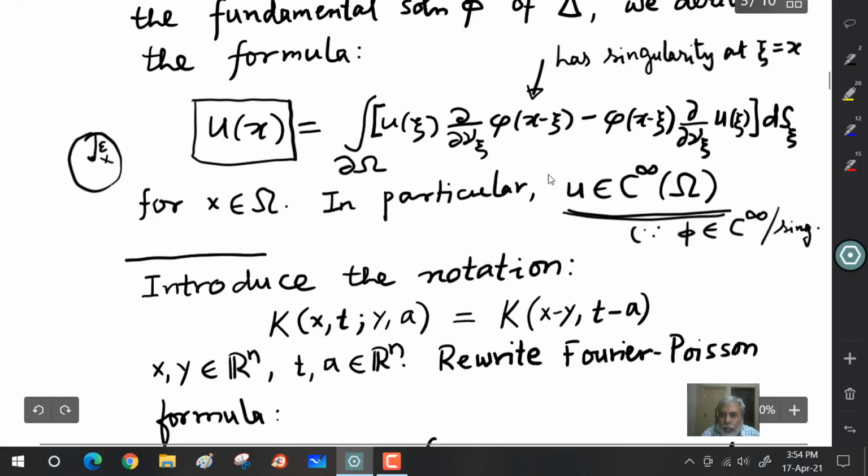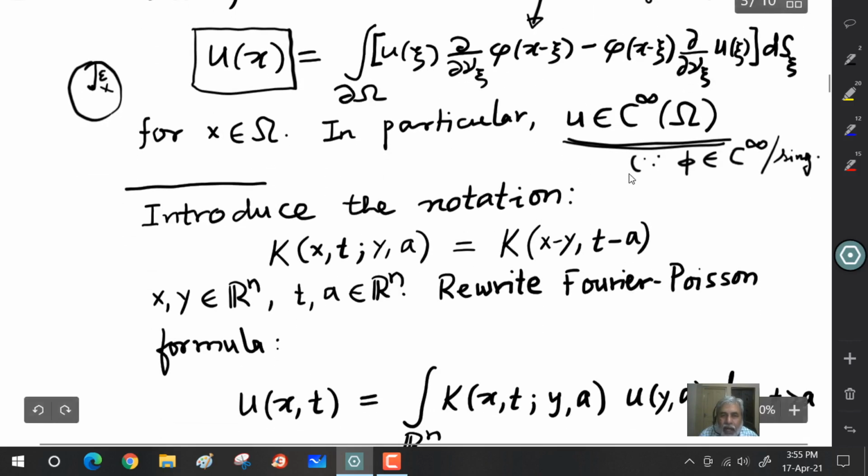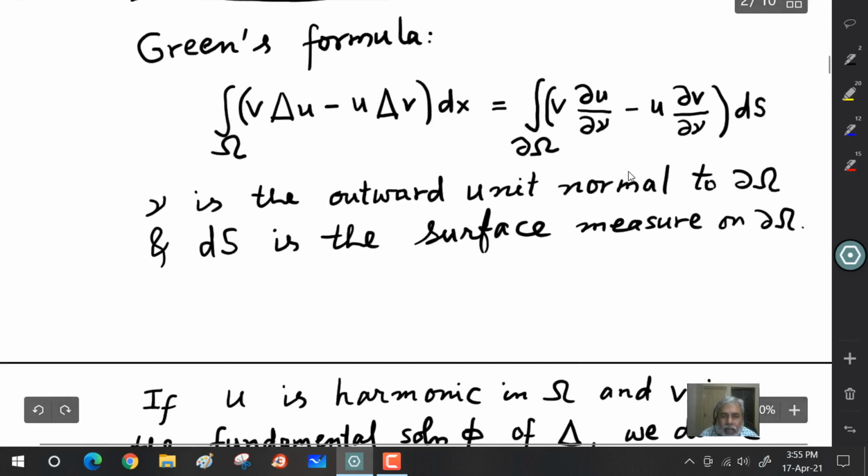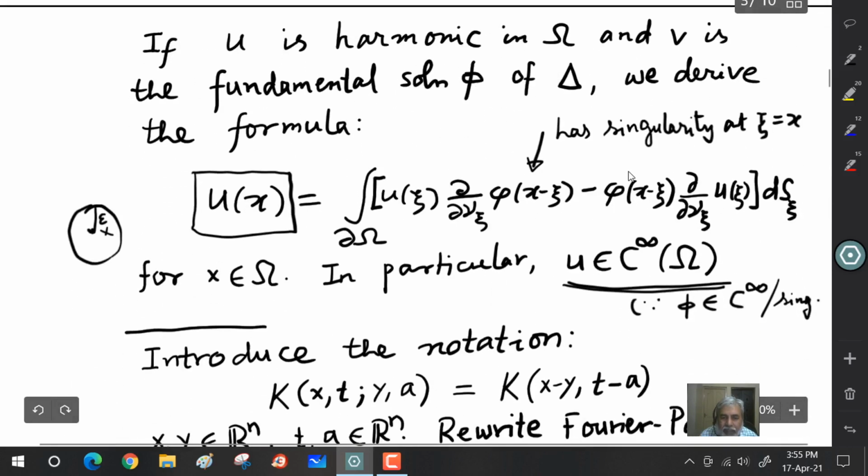Okay, but if you look at this formula, y is on the boundary and x is in the interior, so this x does not cause any problem here. So phi as a function of y is a C infinity function, and that's how we get u a C infinity function. Okay, and now we try to do a similar thing for the heat equation.